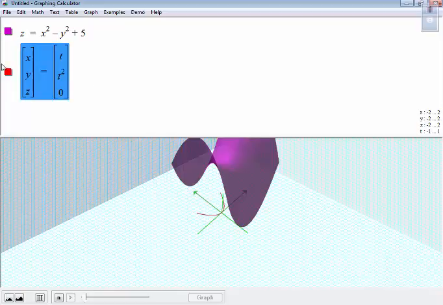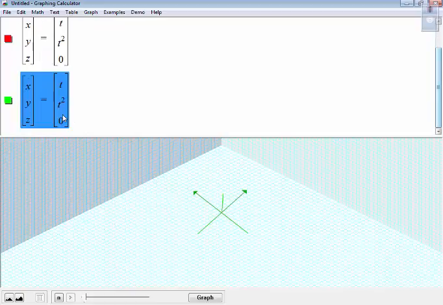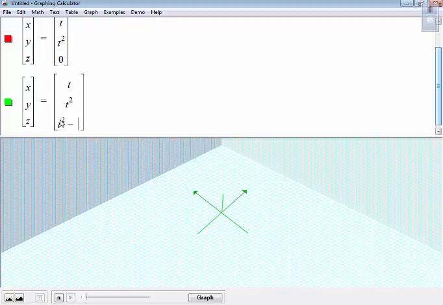Now I'm going to draw another curve. But this time this curve is going to be actually on the surface. So it'll be t, t squared minus t to the 4th plus 5.